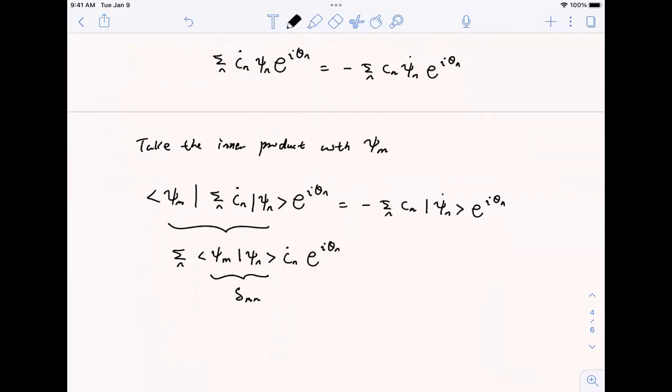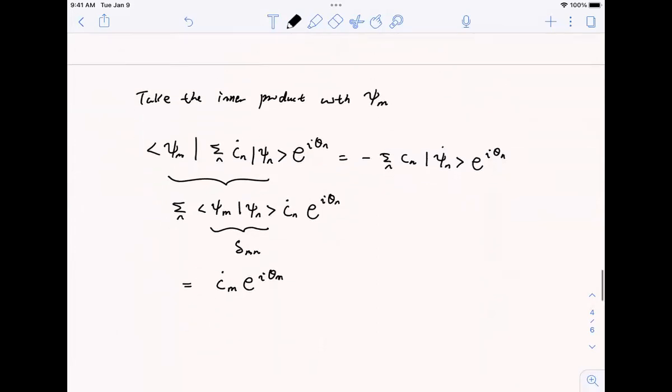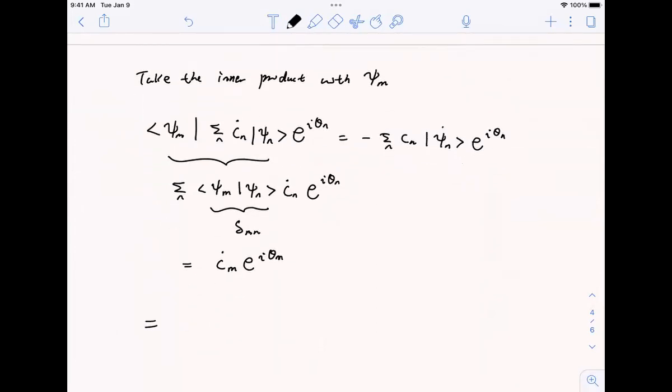Then eventually this whole thing will be just Cm E phi m. Then you just move this phase factor to the other side, then the Cm will be negative.